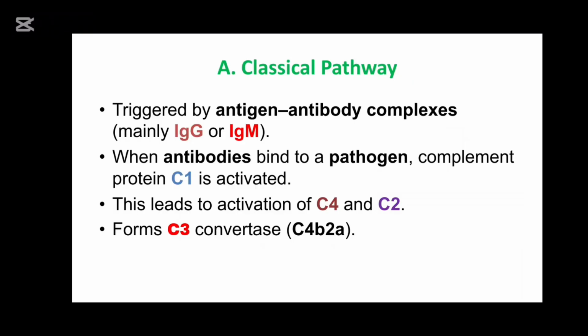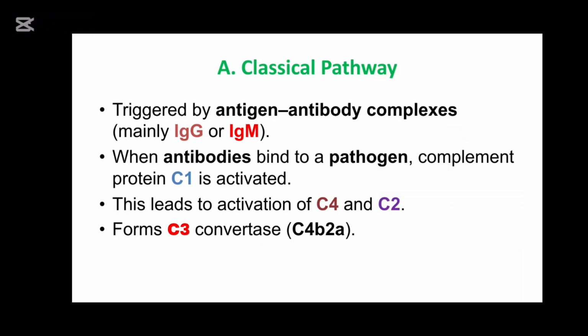So now, we have the classical pathway. Remember I said you should know the complement, you know the types, and you know the trigger. So now we've gone to the classical pathway, which is one type of the complement amongst the 3 types of complement system. We want to look at what triggers it.